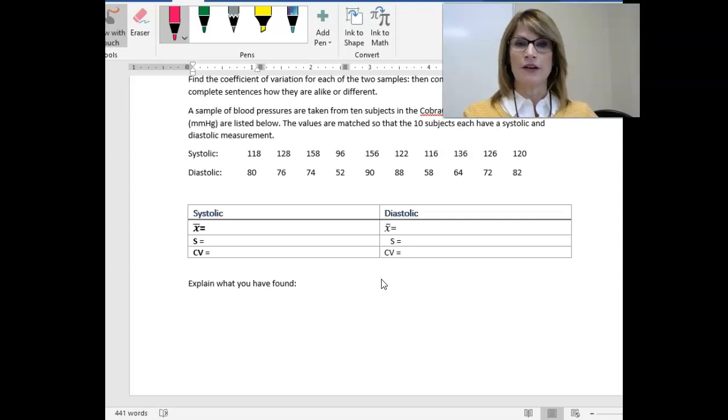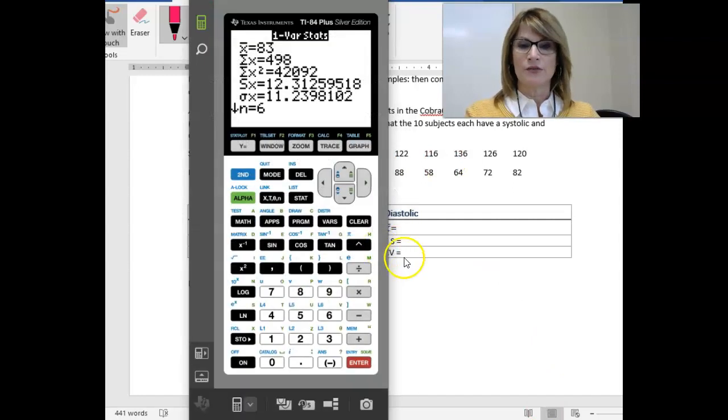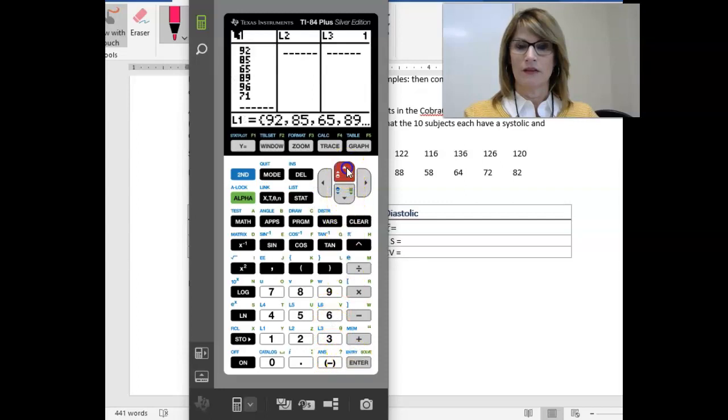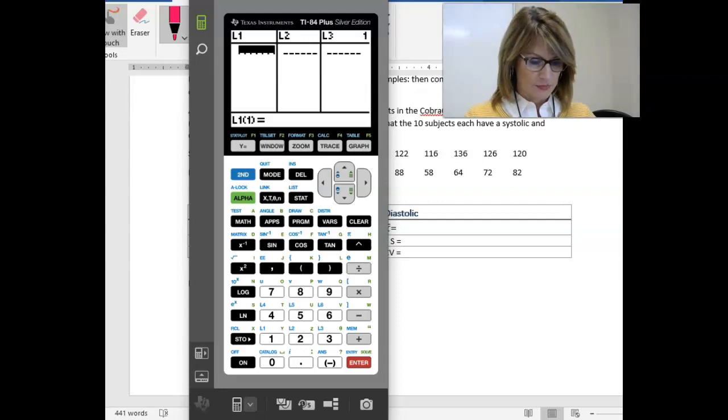We talked about how to find a box plot and also how to tell how far away something is from the mean. So let's just look at the systolic blood pressure, the top number. Put that in list 1. 118.